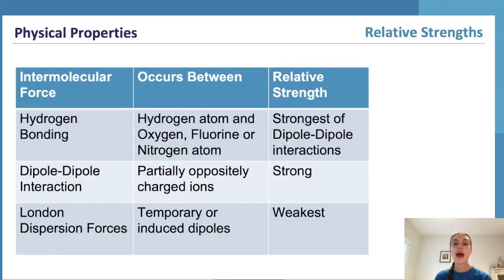When we compare our relative strengths and what they occur between, we've got hydrogen bonding, dipole-dipole interactions, and London dispersion forces. Hydrogen bonding occurs between hydrogen atoms and oxygen, fluorine, or nitrogen atoms, and it's the strongest of the dipole-dipole interactions.